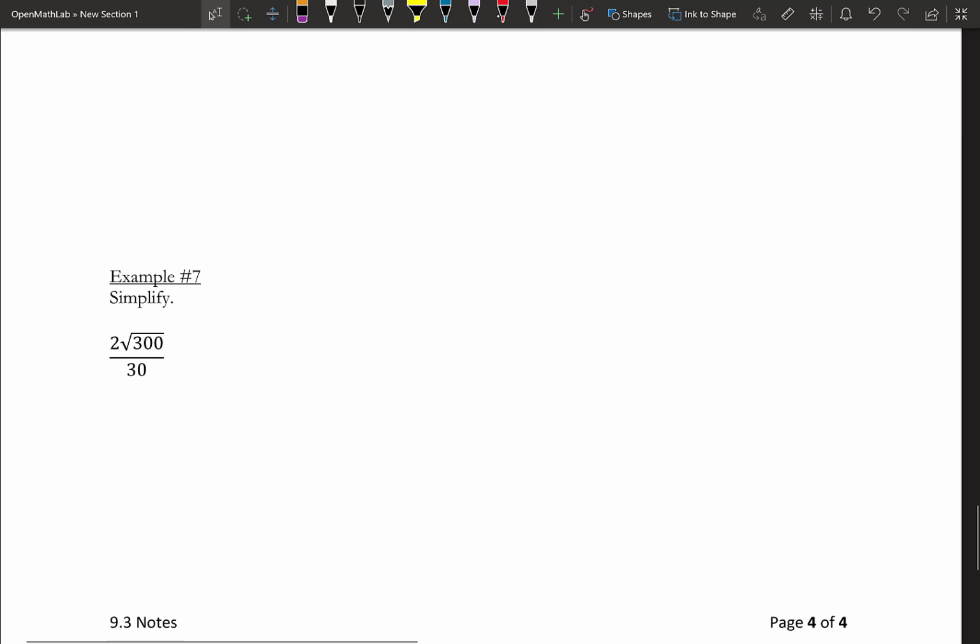So in example 7, we have 2 times the square root of 300 divided by 30. And immediately my mind is focusing on the 300 since it's under the square root. So the first thing I would want to do is try to come up with the prime factorization. So 300 is 30 times 10, and 30 is 5 times 6, so 5 is prime.